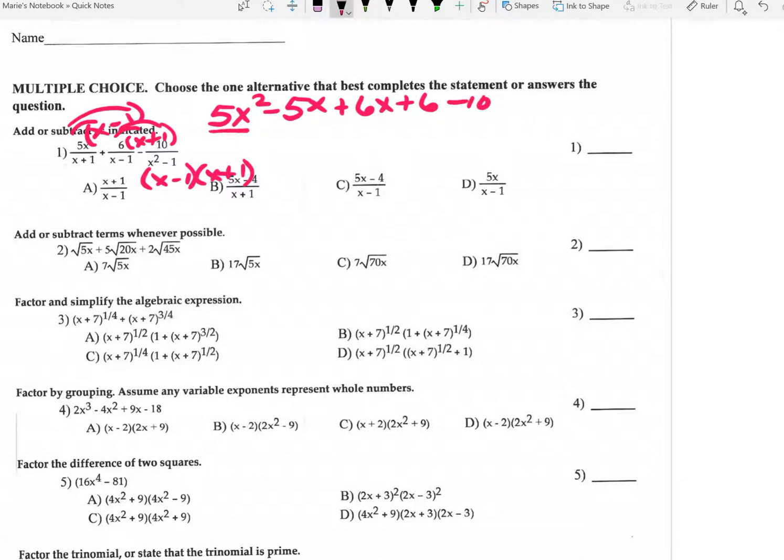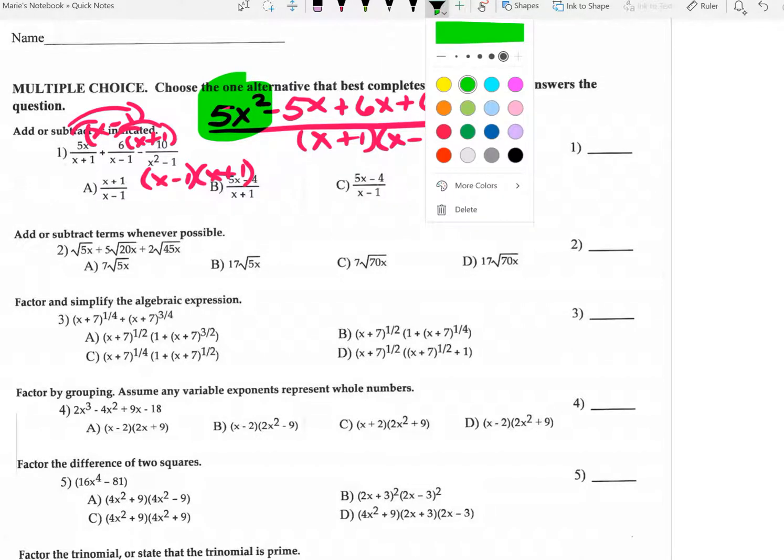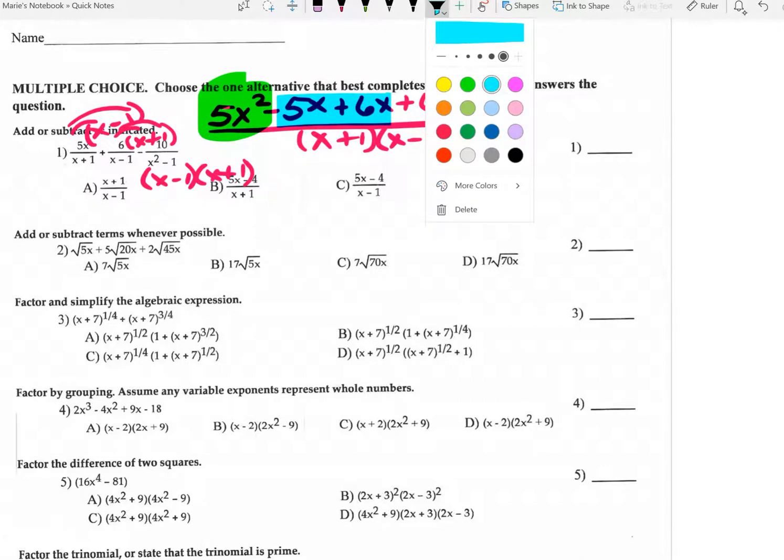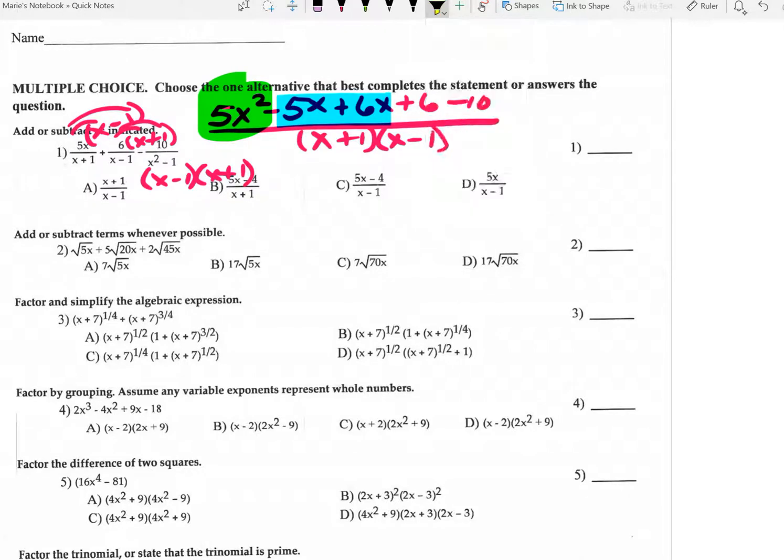And all of this is over x plus 1, x minus 1, the order of which does not matter. Alright. And so now I combine like terms. I only have one 5x squared, so I leave that alone. I have a negative 5x and a 6x. And as far as the constants go, I have a 6 and a negative 10.